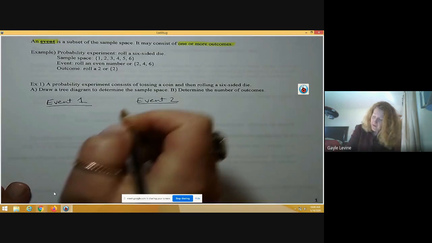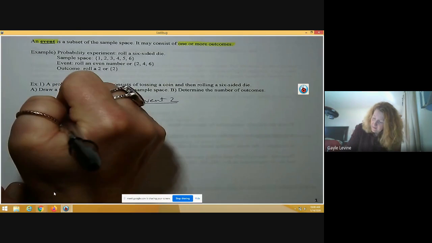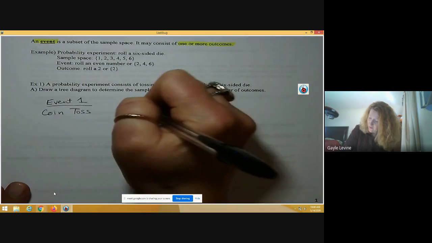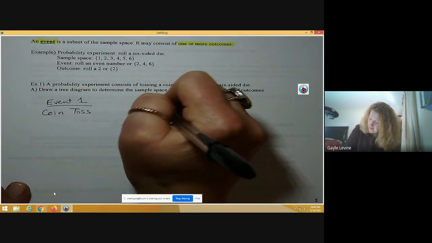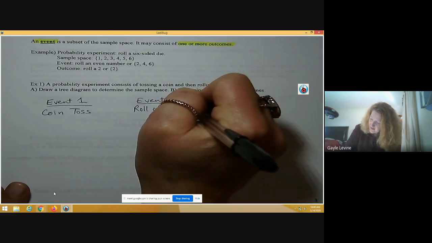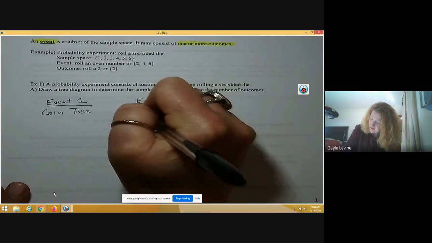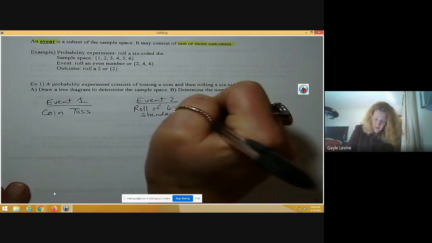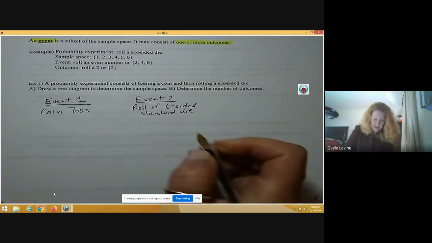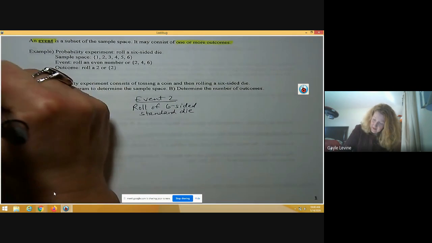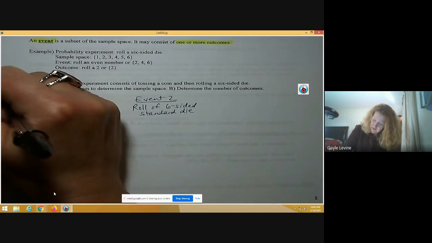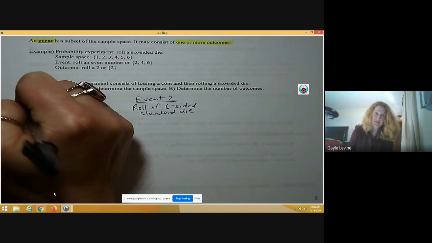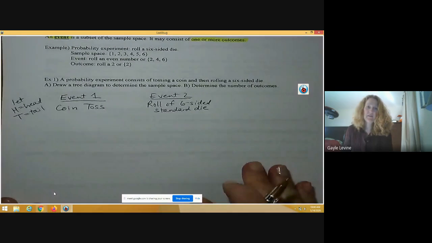The first event is the coin toss. The second event is a roll of the 6-sided standard die. So we're going to let H equal a head and T equal a tail. That way I know what I'm looking at here.